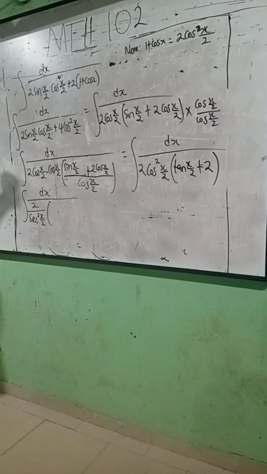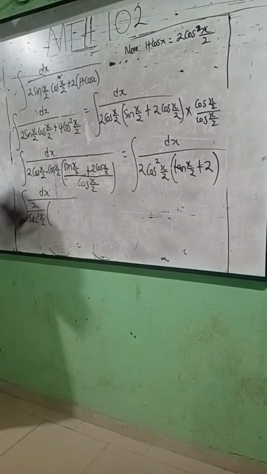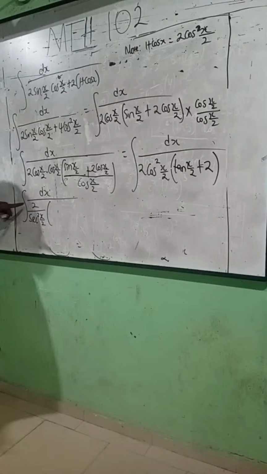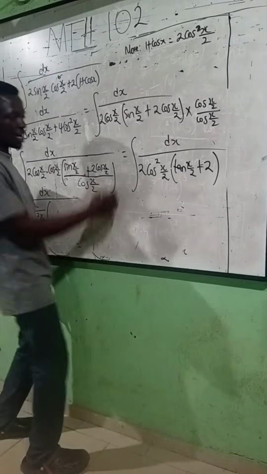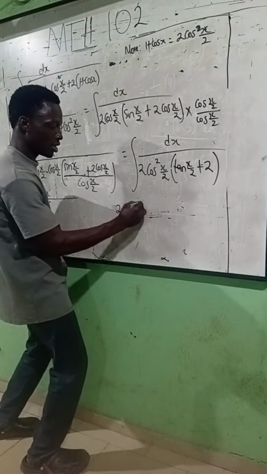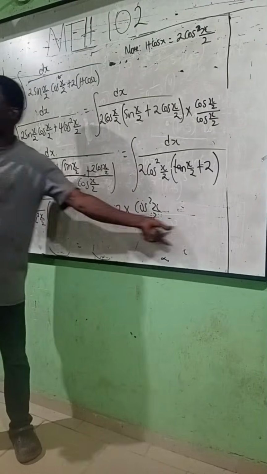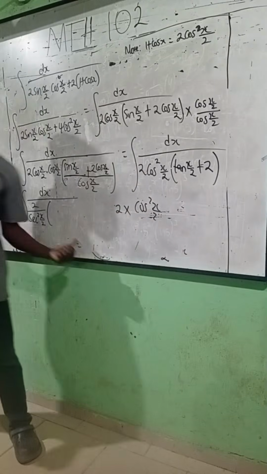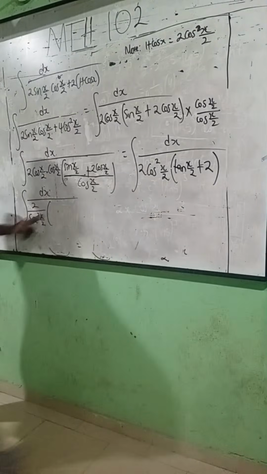So 2 multiplied by cos square x over 2 gives us 2 times 1 over sec square x over 2. Don't make the mistake of saying the 2 is at the denominator, because here you're having 2 times cos square x over 2, and cos square x over 2 itself is 1 over sec square x over 2, times 2. You know that is at the numerator. Are we together?